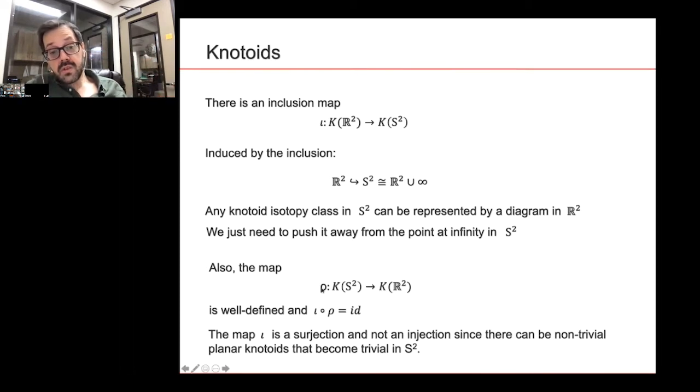And if we take the composition of these two maps, we get the identity map, which means that this inclusion map, iota, is a surjection. And we can even observe more that this is not an injection, because there are diagrams that, as we will see further down this talk, are non-trivial on the plane, but become trivial on the sphere once we lift them onto the sphere. Okay, so this is another point that we need to remember. Maybe I will come back if needed here.